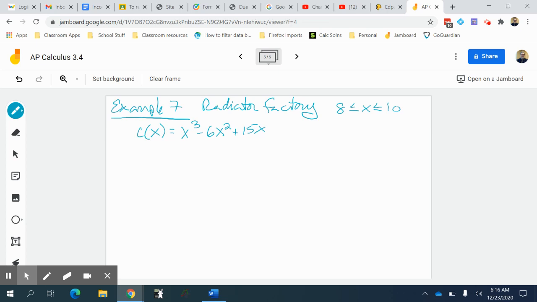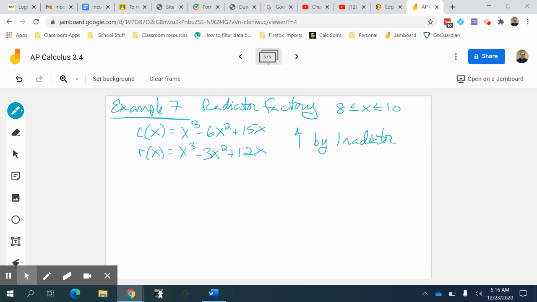And you also happen to know that the revenue can be modeled by the function x cubed minus 3x squared plus 12x. And you want to increase by 1 radiator per day. Now, you believe there's a market. The question is, is it profitable?